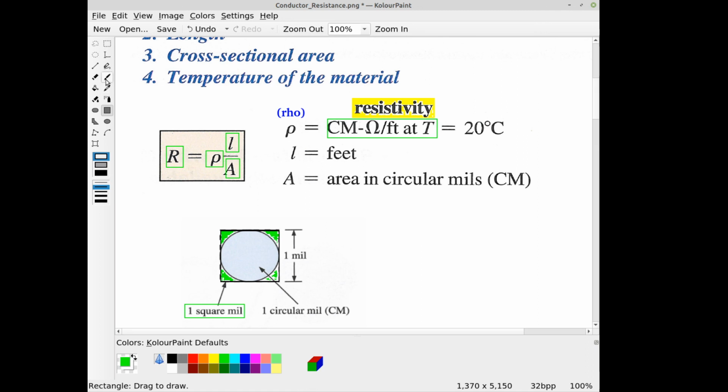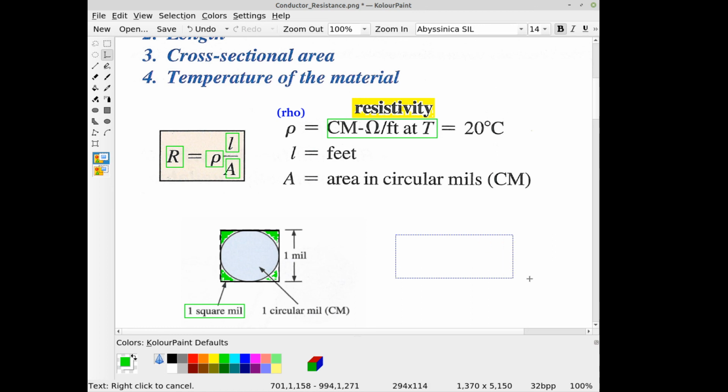So let me write that down here. So remember that 1 circular mil is equal to pi divided by 4 times a square mil.